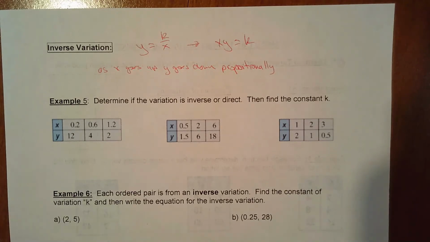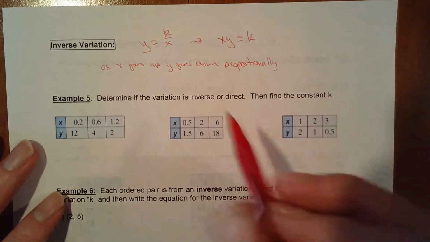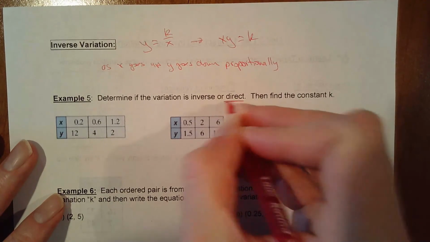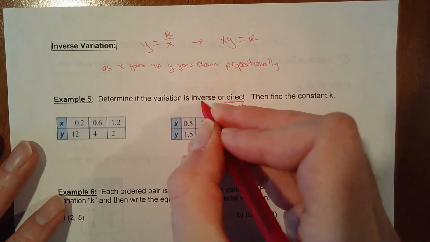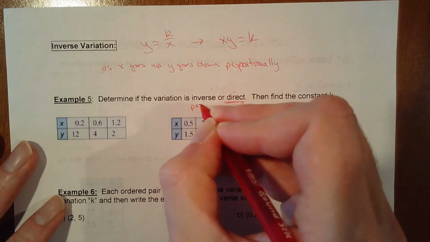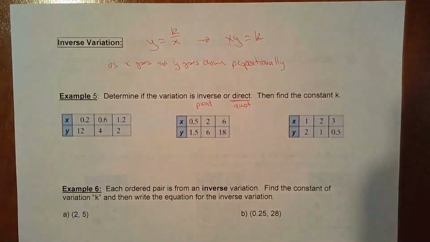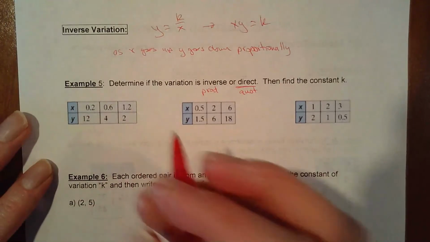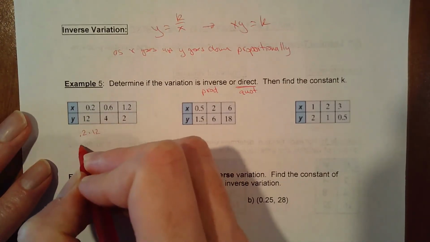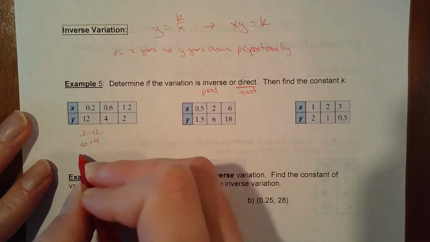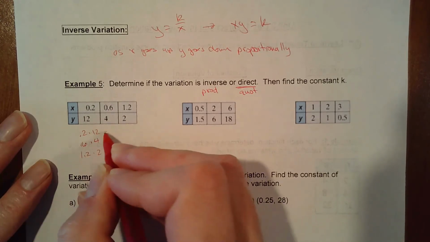Okay, so what I'm going to do is, remember, if it's direct variation, the quotients are all the same. Here, the products will all be the same because I'll be multiplying. So on this first one here, I'm going to take 0.2 times 12, then take 0.6 times 4, take 1.2 times 2.